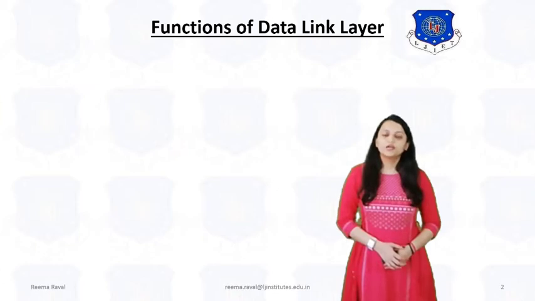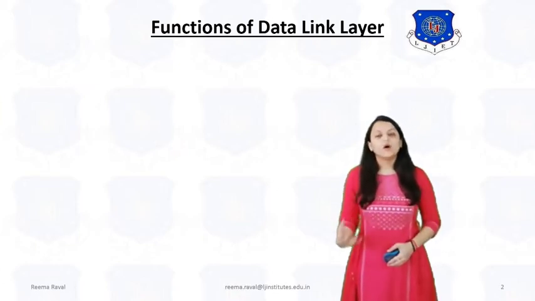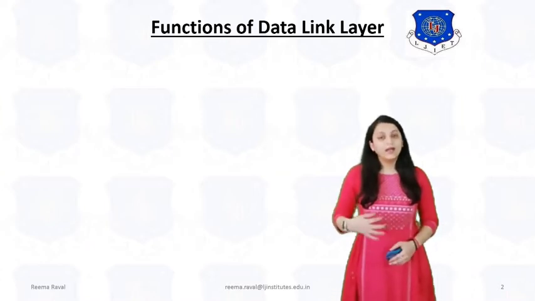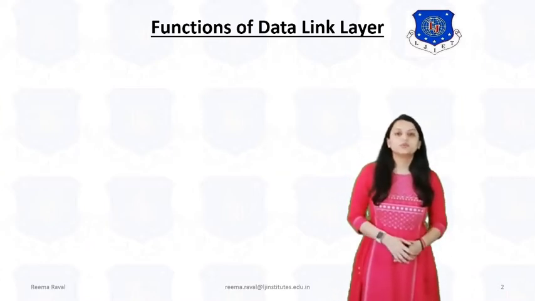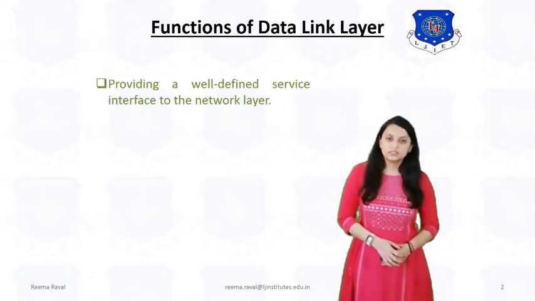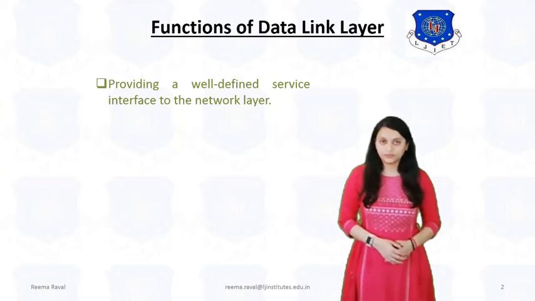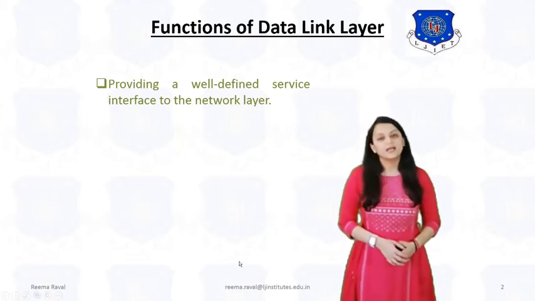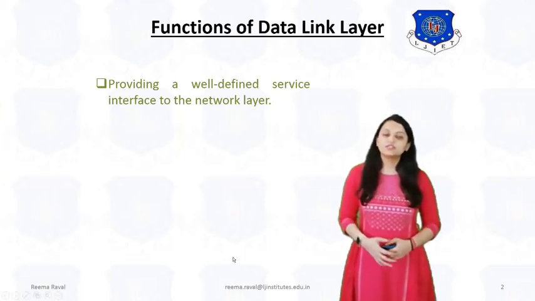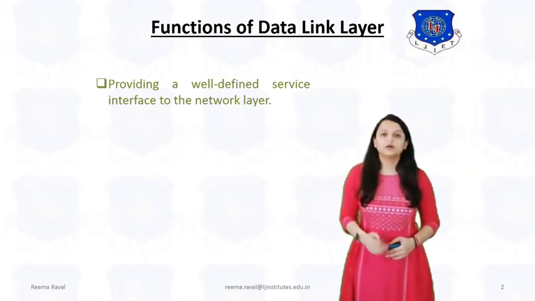So first of all, let us see the functions of data link layer. What does a data link layer do and what services does it provide to its lower and upper layers? The first function is to provide a well-defined service interface to the network layer. As we know, in the ISO-OSI reference model, the layer above the data link layer is the network layer.